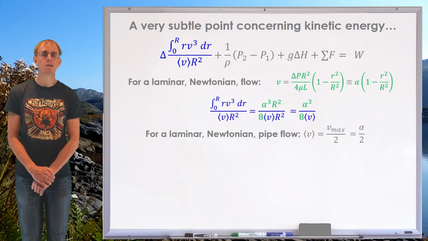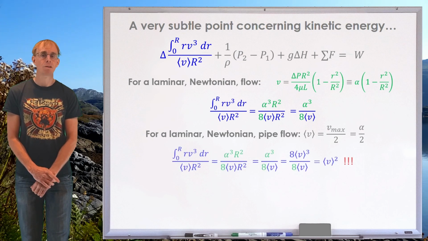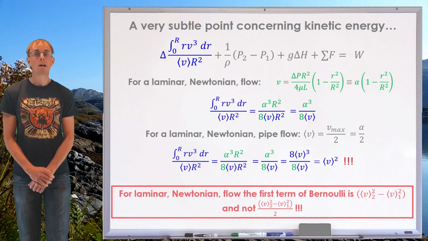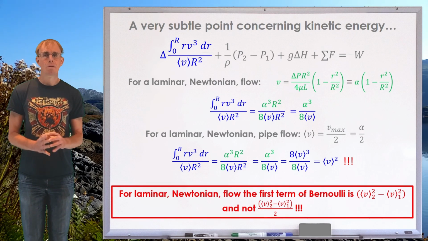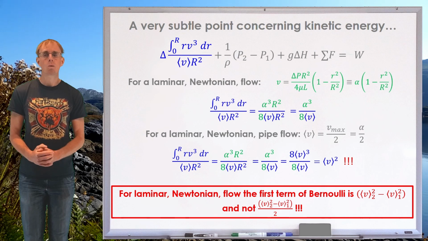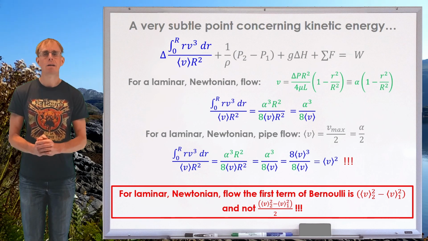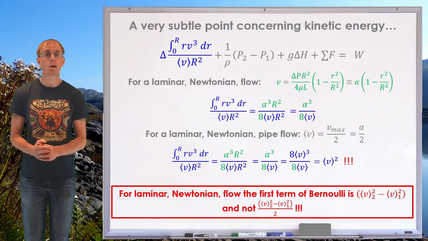So we get 8 v cubed over 8 v, which simply leaves us a term in v in pointy brackets squared. So the whole point of these last few pieces on the board was to demonstrate that the half term that you see in the kinetic energy term in Bernoulli is not always there. It is there for turbulent flows, but for laminar flows it's not.